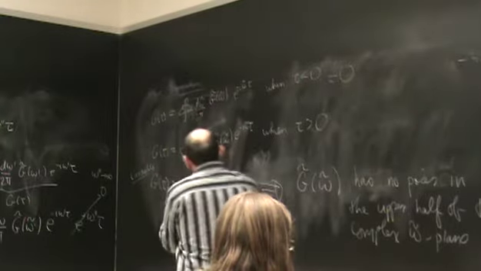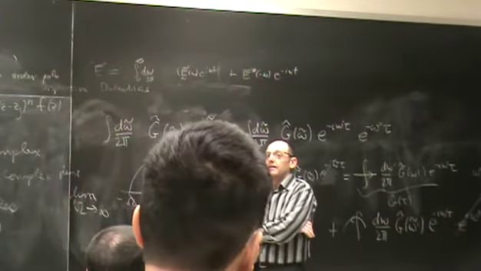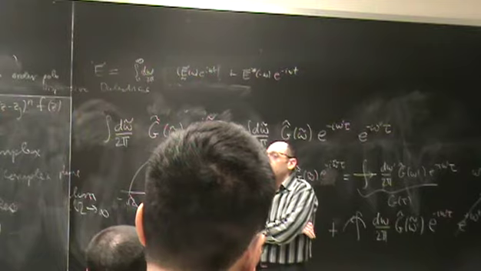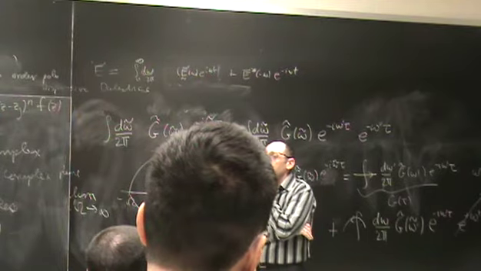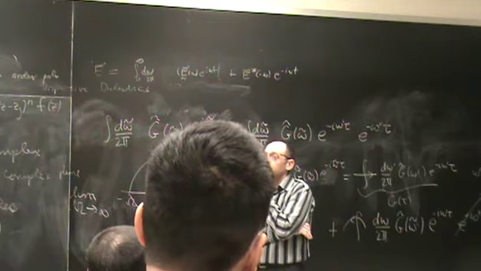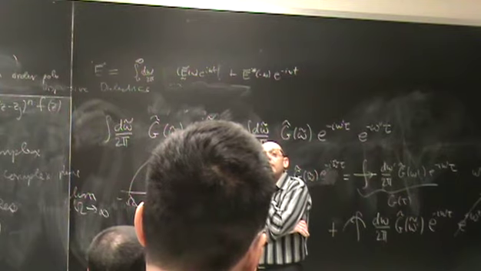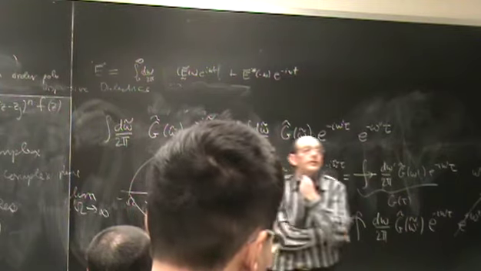G of omega must be analytic in the upper half plane if it's causal. I don't know what would happen if they cancel. I'd have to think about that a lot more carefully. My guess is that one could do other contour integrals to prove that there just can't be any poles, period. But that's my guess, and I've never actually encountered that. I don't know the answer.